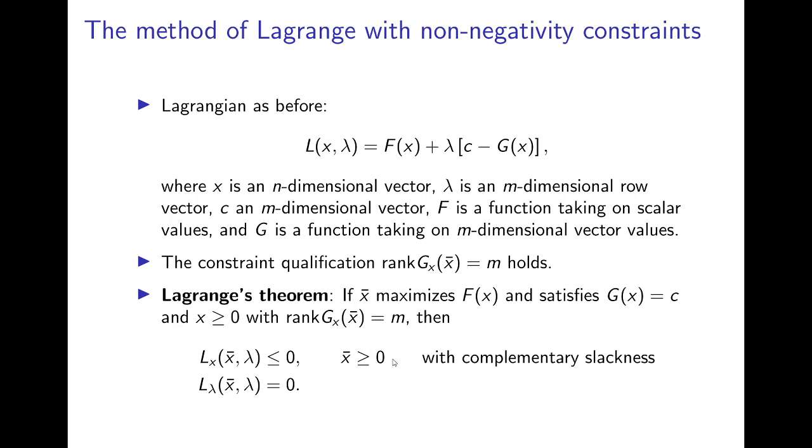So whenever we want to consume a positive amount of a certain good, then this derivative of the Lagrangian has to hold with a strict equality. And anytime we have that the derivative of the Lagrangian at the optimum is negative, then we have to consume a zero amount of the particular good. And then with respect to the Lagrange multiplier, nothing changes, so we take the derivative with respect to the Lagrange multiplier, and that has to be equal to zero.